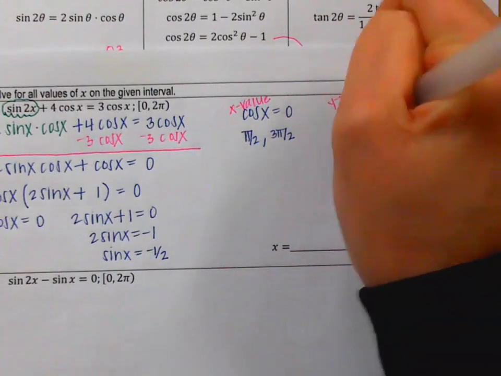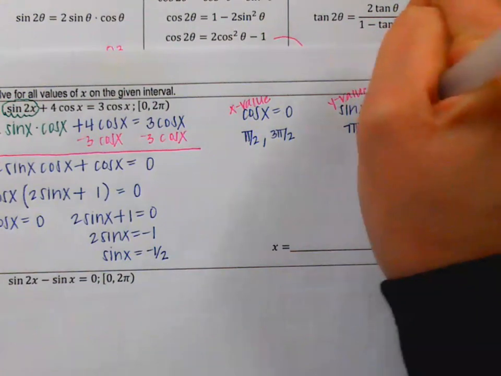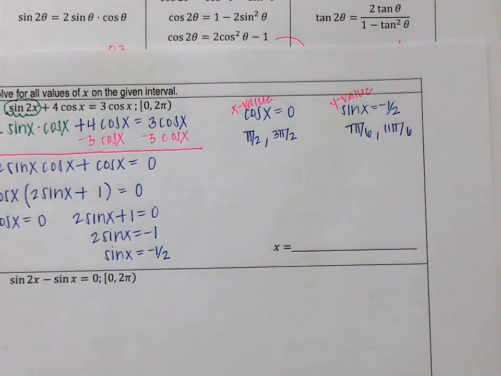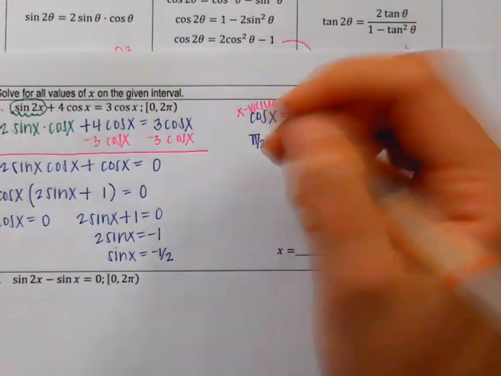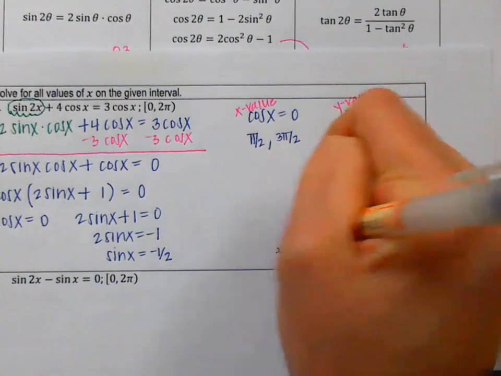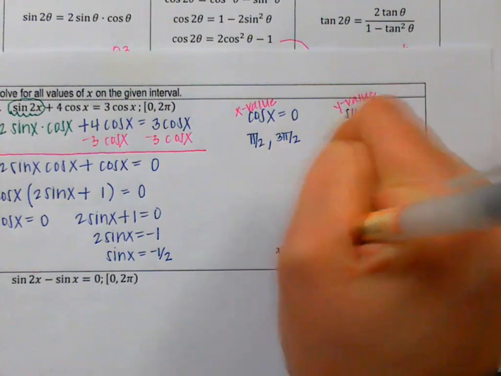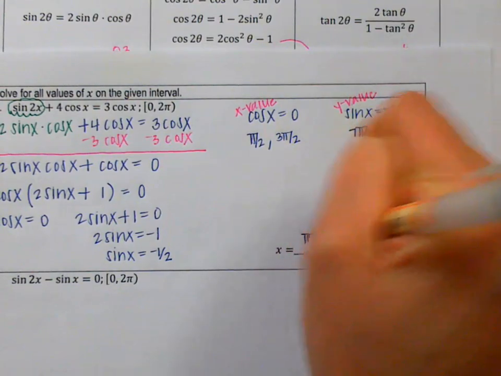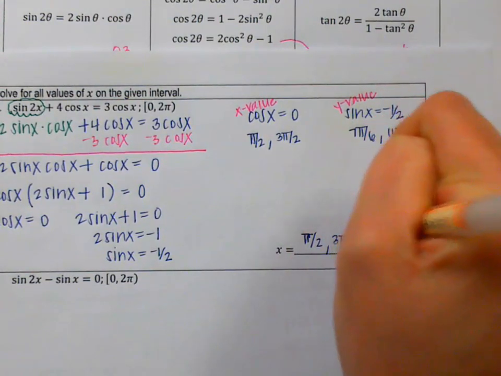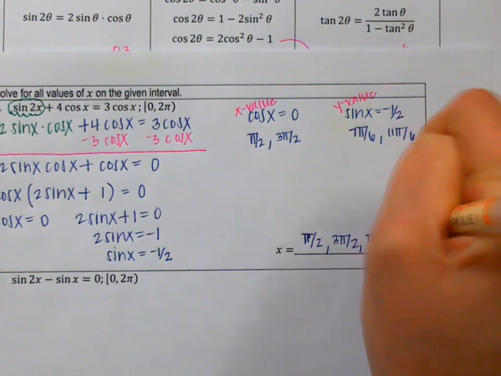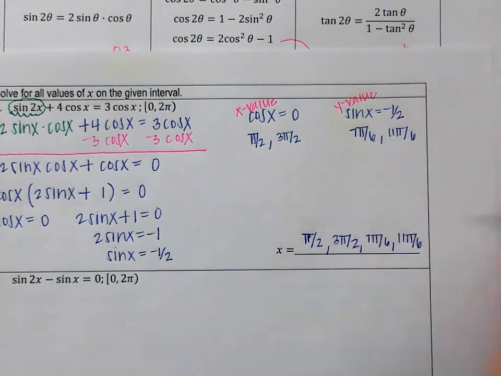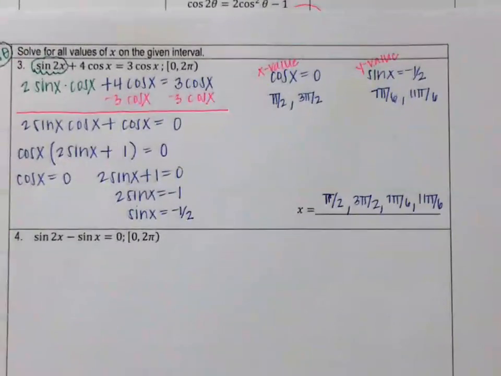So 7 pi over 6 and 11 pi over 6, and those are my answers. So x is going to be equal to pi over 2, 3 pi over 2, 7 pi over 6, and 11 pi over 6.